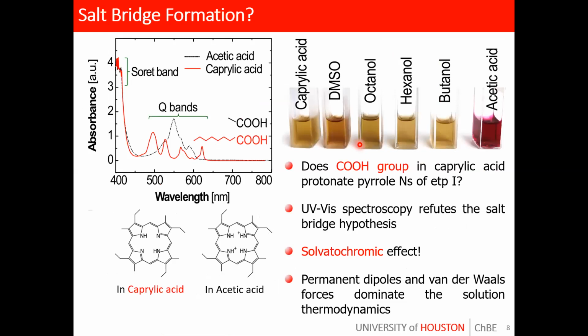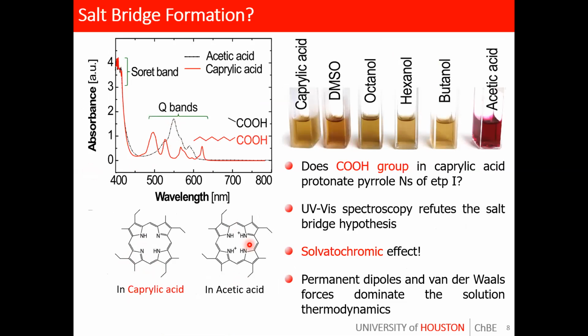And finally, to understand if there is salt bridge formation between caprylic acid and etioporphyrin 1, we dissolve etioporphyrin 1 in caprylic acid and acetic acid, and we record the UV-vis absorption spectrum. Now, what we see in the absorption spectrum is a merged Q-band of etioporphyrin 1 in acetic acid, which is a signature of salt bridge formation.